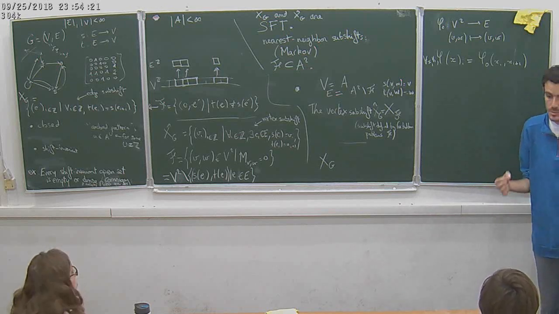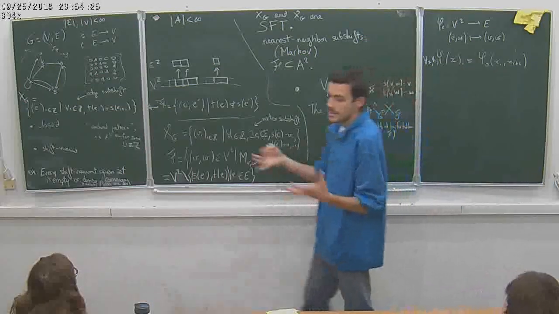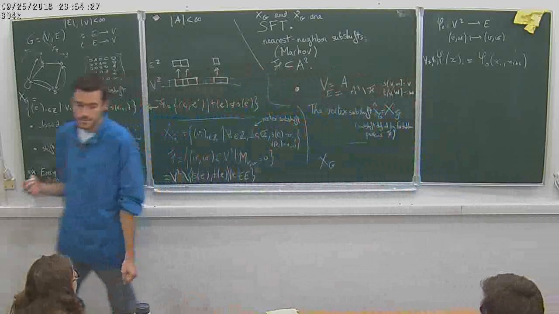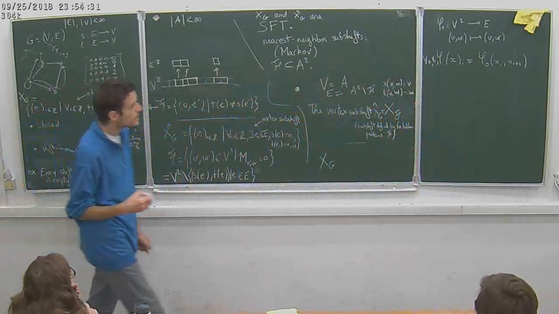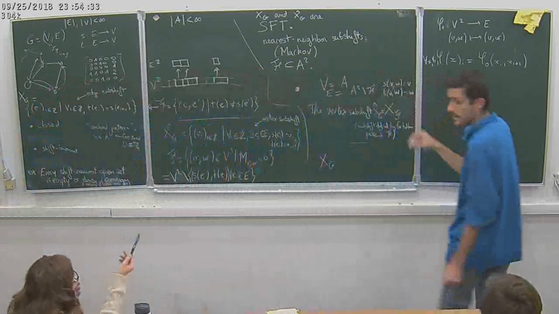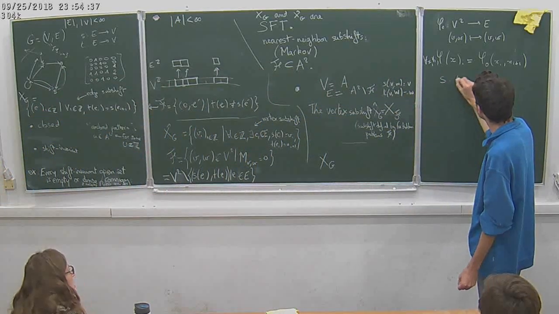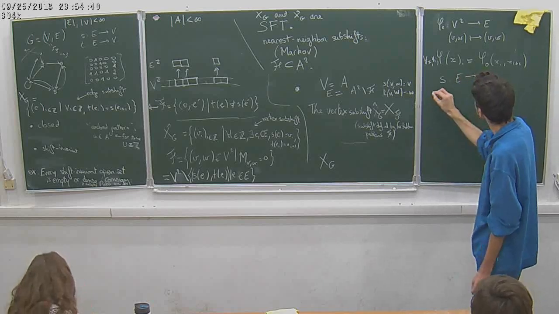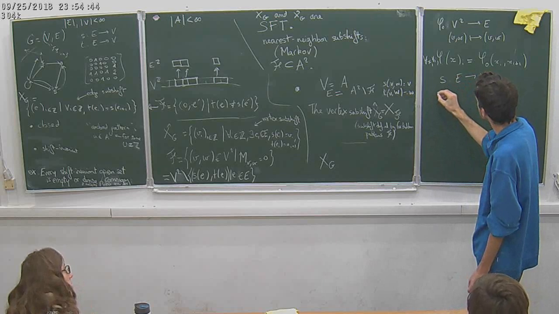So the inverse has to also come from a local rule. Yes? Not just start from S. Exactly. S is from E to D, and you can define, let's say, how am I define it?